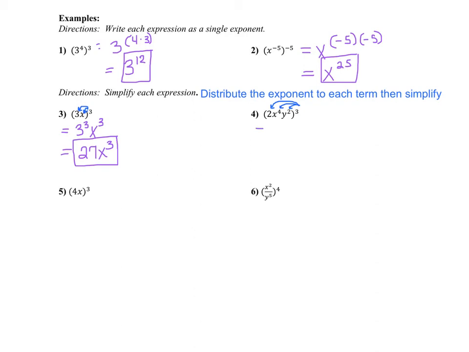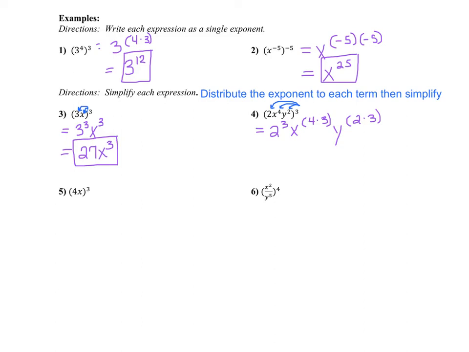So it equals 2 to the third power times our x, and it's in parentheses, so we're going to multiply 4 times 3. We're still going to follow the power property. And then y to the second power, and then we're also going to multiply that by 3.